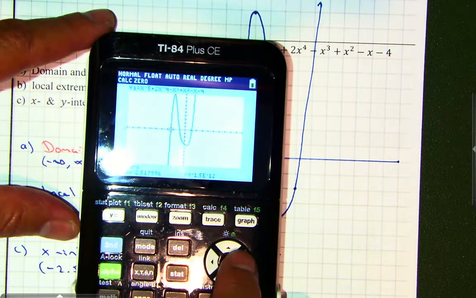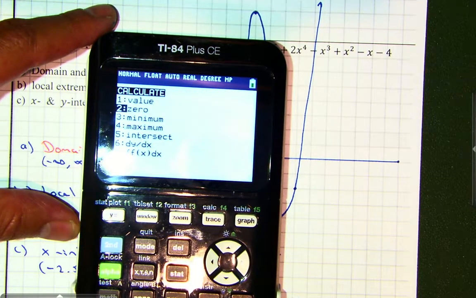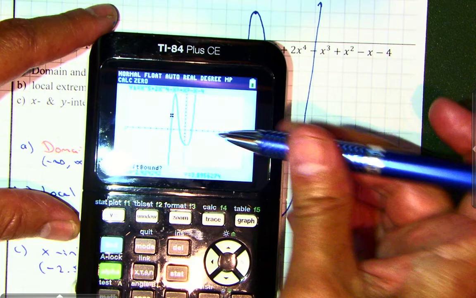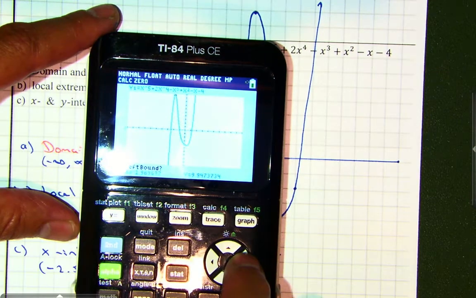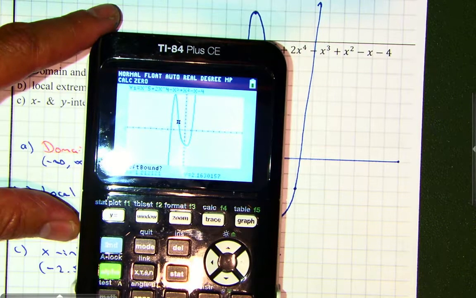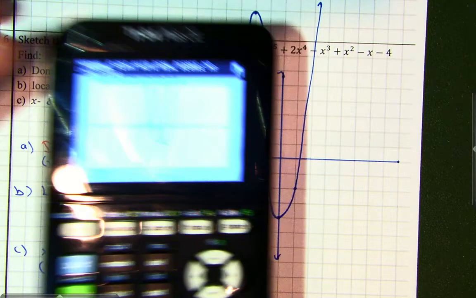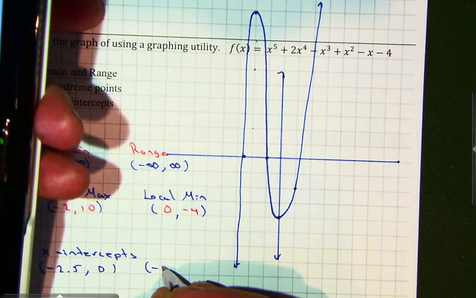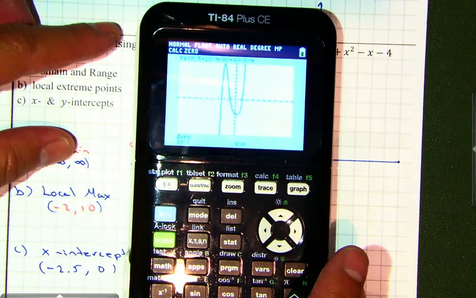So therefore, I'll find the next one. I'll calculate zero, and I'll go left and right. Left is good enough, and right, and somewhere in between, guess, zero. Perfect. The next one will be at -1, comma 0. And there's one more here, so let's find that value.